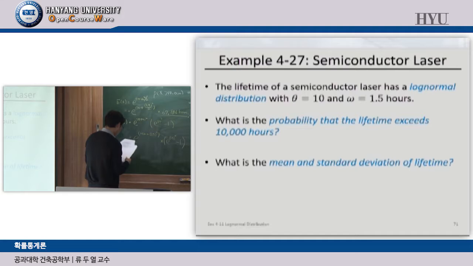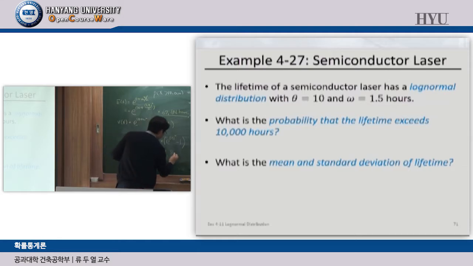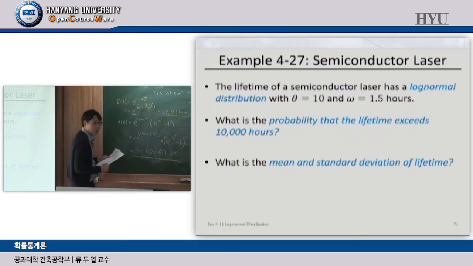And if you solve this problem, it is 39 billion 70 million 59,887.